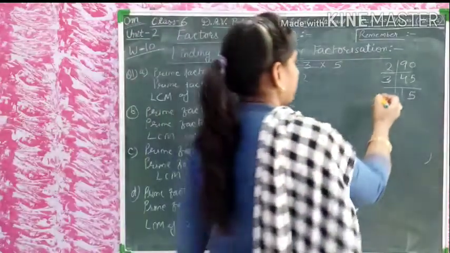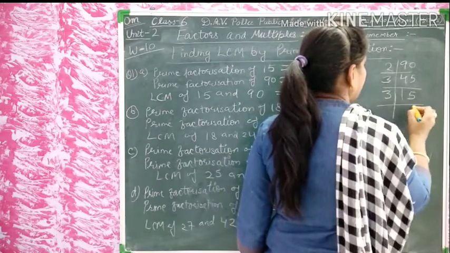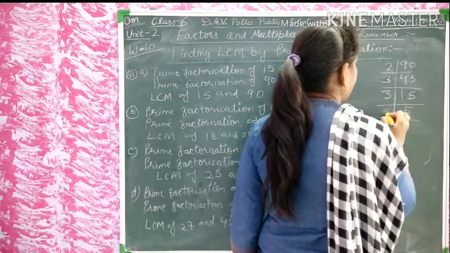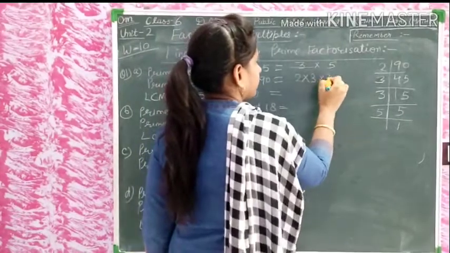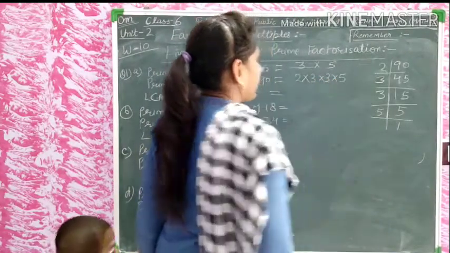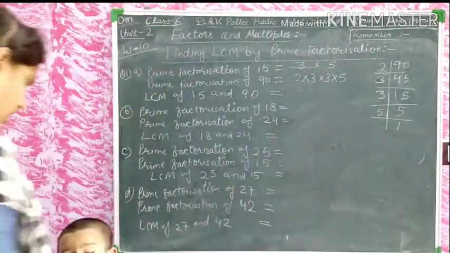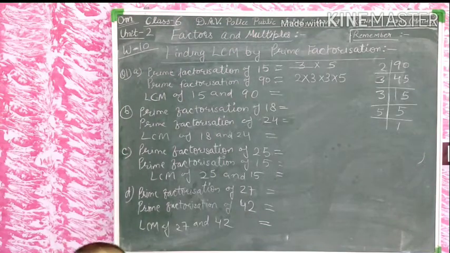Now it will be divided by 3. 3 5s are 15 and 5 1s are 5. The prime factors are 2 into 3 into 3 into 5. Now we will have the prime factors.